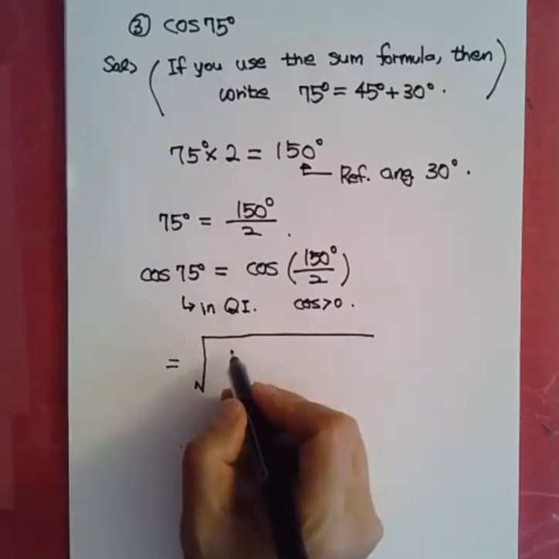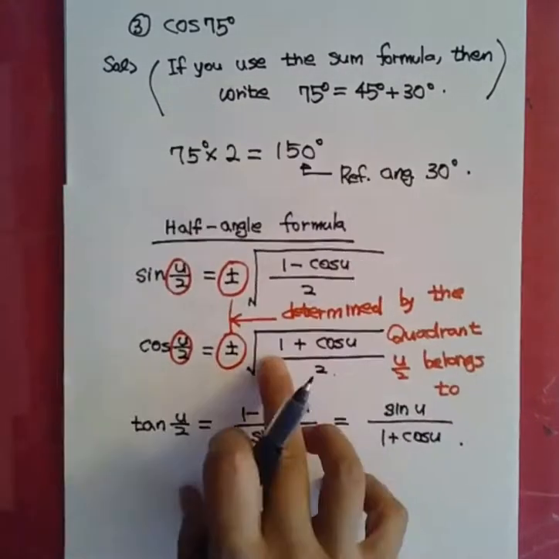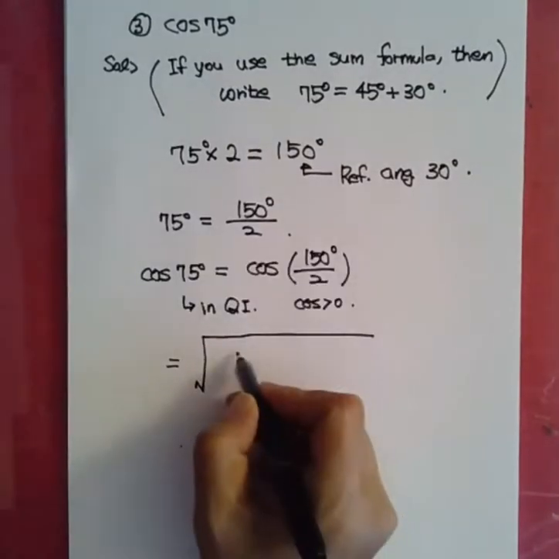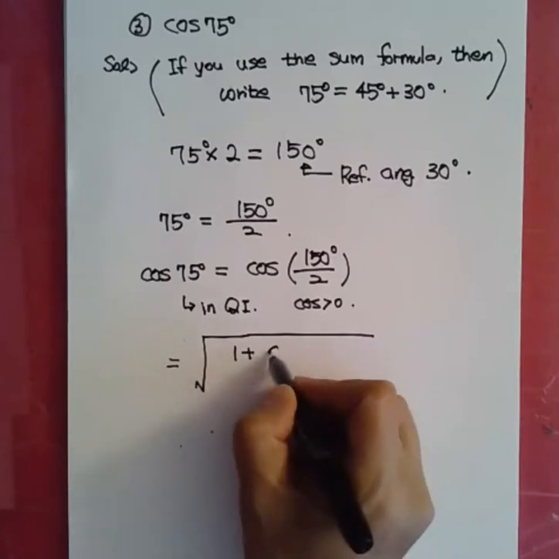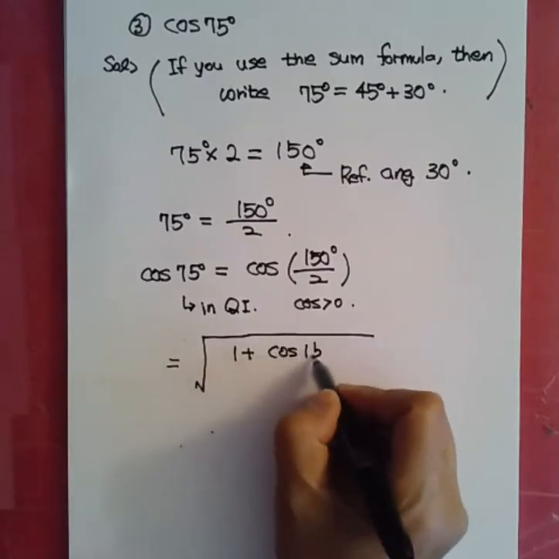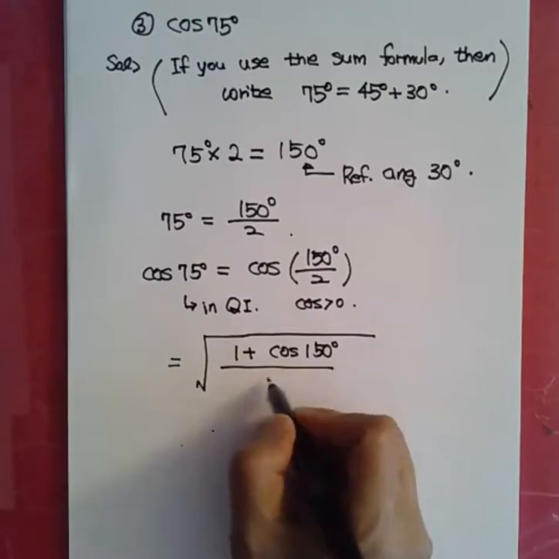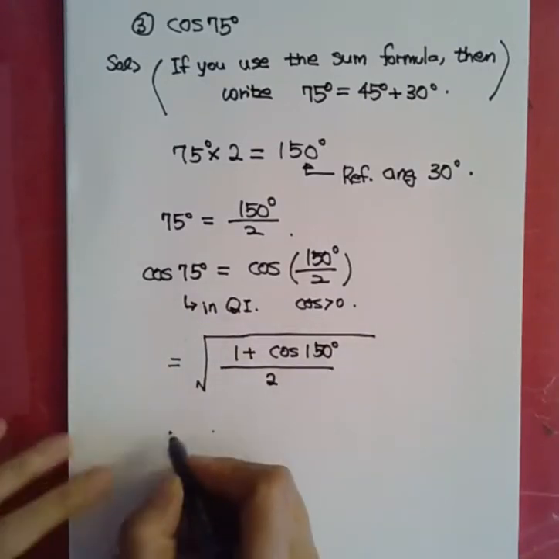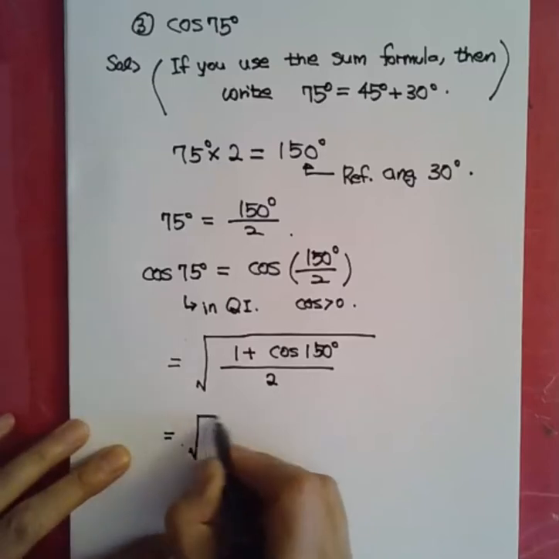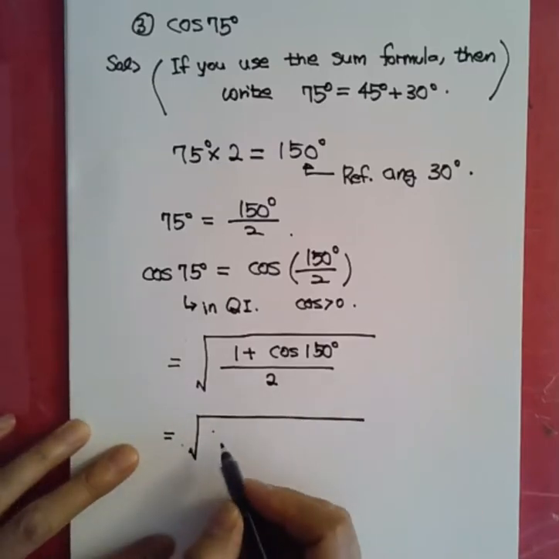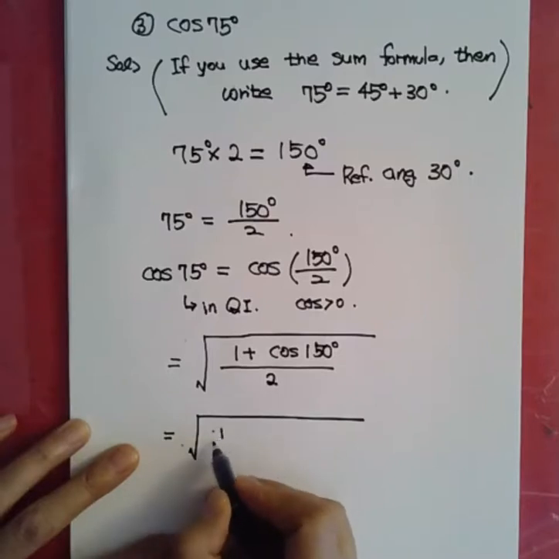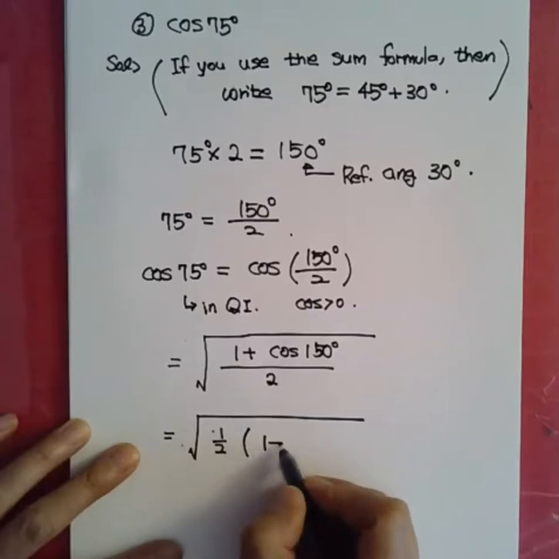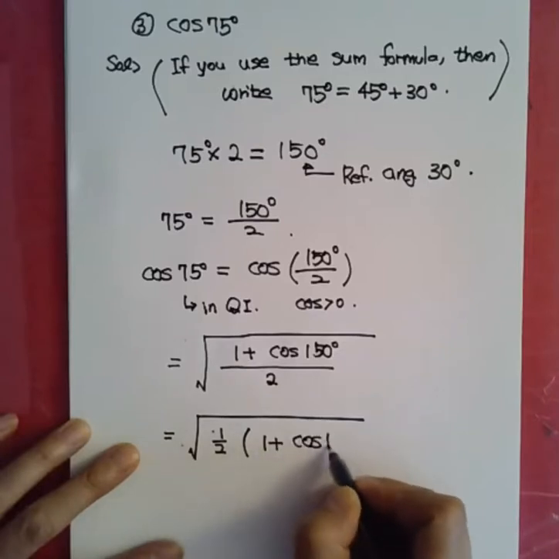So that is the square root of 1 plus cosine of u over 2. So 1 plus cosine of 150 degree over 2. Again, cosine value will be the fraction. So we want to re-express what's under the square root differently to 1 over 2 times 1 plus cosine of 150 degree.